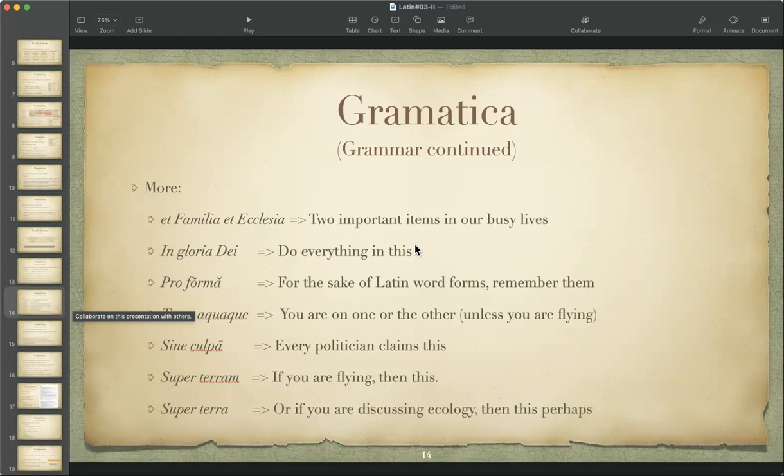Or at least if it doesn't, it's way up there, way more than most European languages. So we have a couple different ways of doing things. But no, in God's glory is fine. That is perfectly acceptable. Anything else?